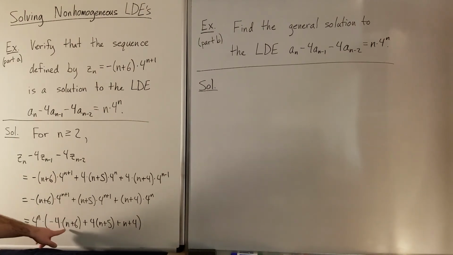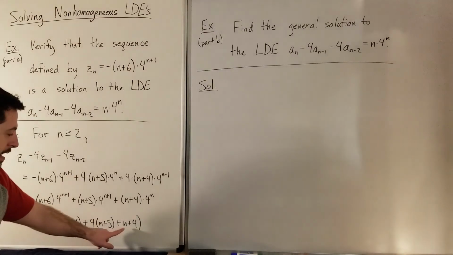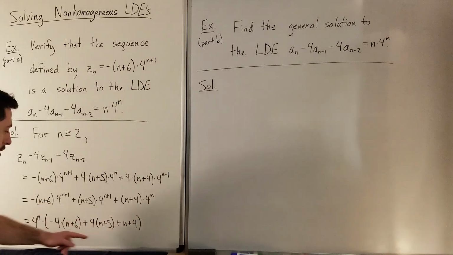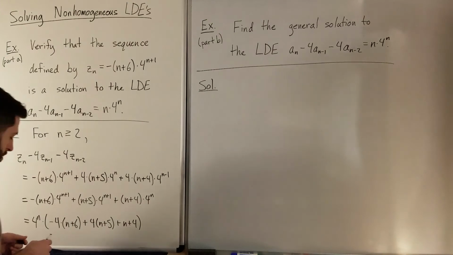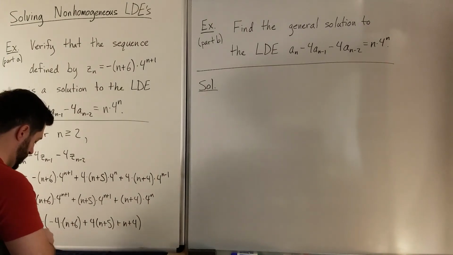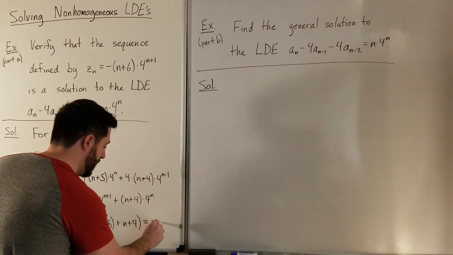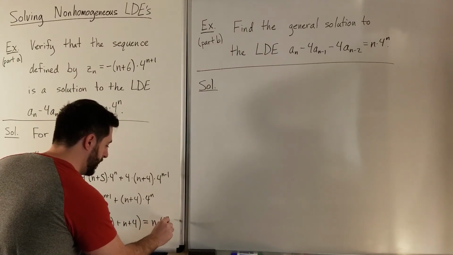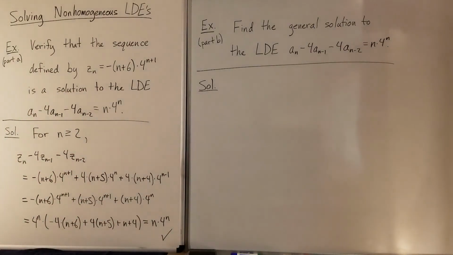We have negative 4n coming from this. We have positive 4n coming from that. Those two cancel each other out. And there's 1 n left over. So indeed, this parentheses here is equal to n, because everything else cancels. So this is n times 4 to the n. So this is now verified.